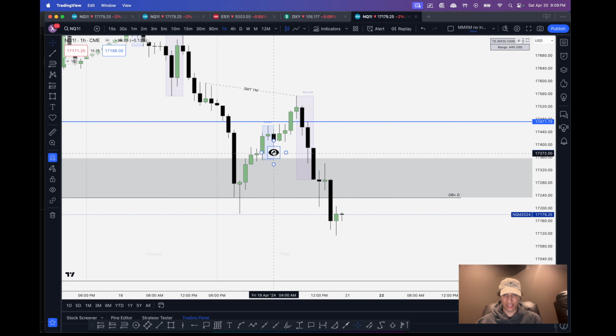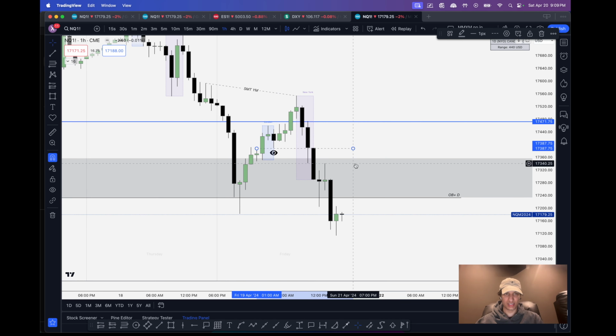And this happens in the AM session when we start to displace lower and we start to violate old PD arrays. We have this bullish fair value gap that we trade and displace through, creating a new balanced price range as we print this bearish fair value gap on top.